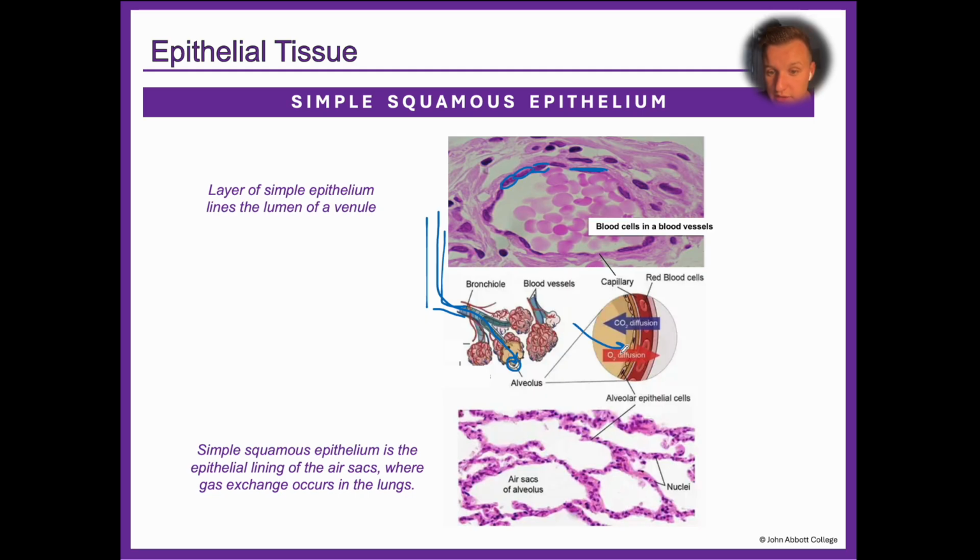Air comes down all the way here, and on the other side, around the grapes, you see these red and blue little blood vessels. So gas exchanges between the little red and blue vessels and the air that's inside the actual alveoli. So these are called alveoli, in the depths of the lung. And you have blood vessels that wrap around so that air can go in and out into our blood, okay?